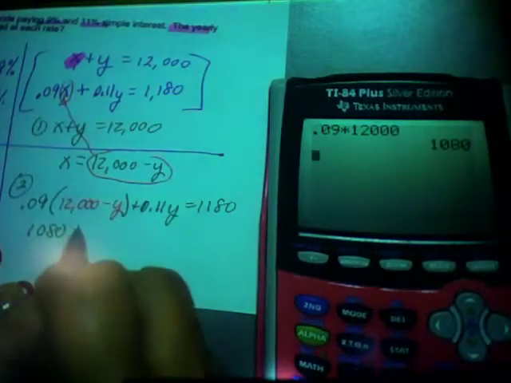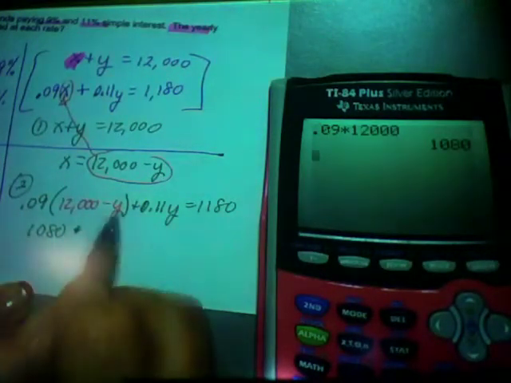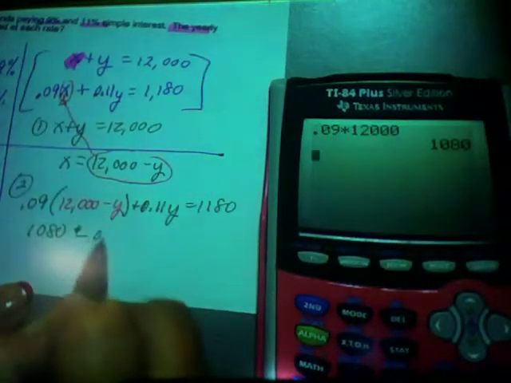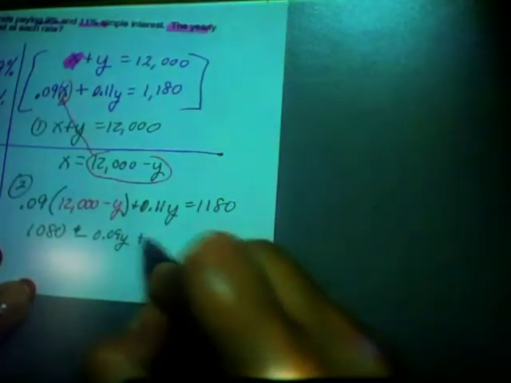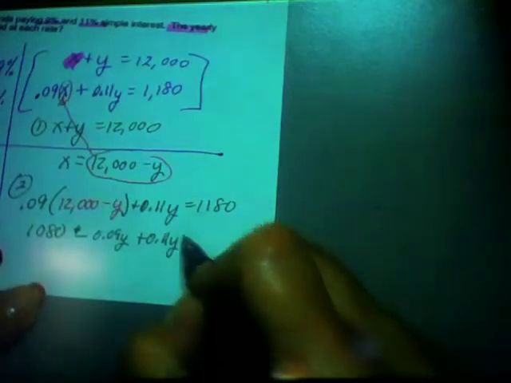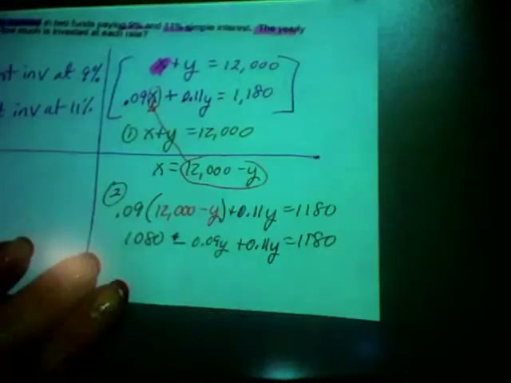So that's 0.09 times this, then 0.09 times negative Y gives me a minus 0.09Y, plus 11/100ths Y equals 1180. So combine your like terms, right?